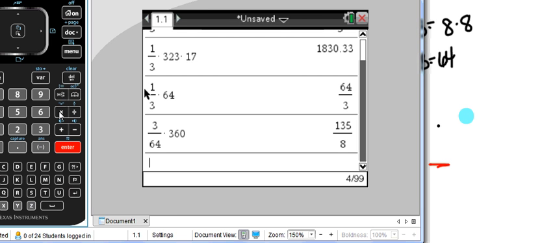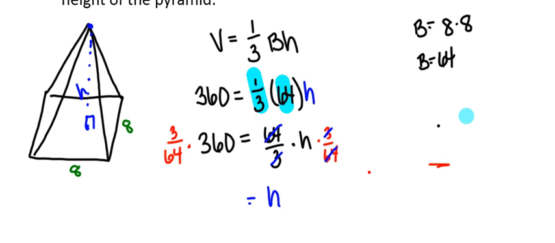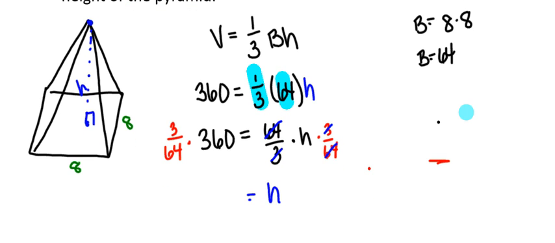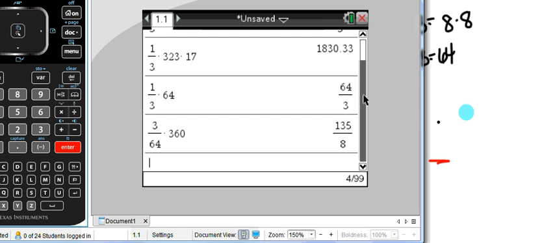So 135 over 8. Now the problem with that is they are asking me to find my answer to the nearest hundredth. So before I hit enter on that calculator, I should have hit control. A simple little way that I can fix that is to hit control answer, which will bring up my answer from the previous line, 135 over 8.